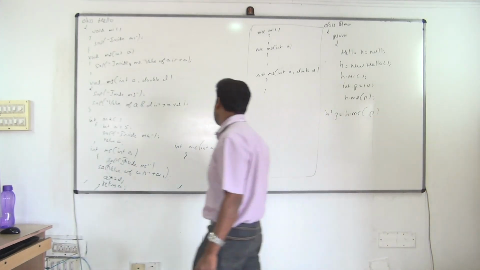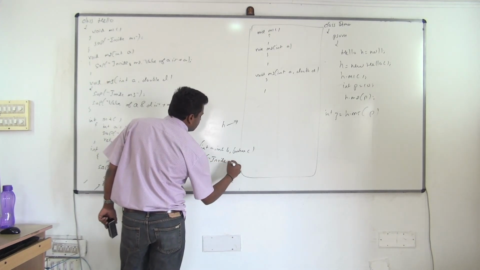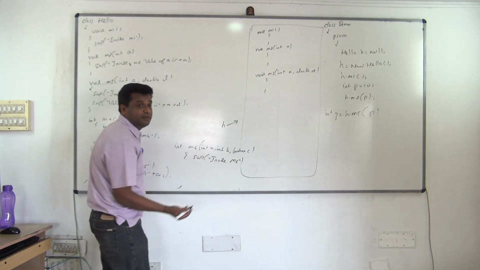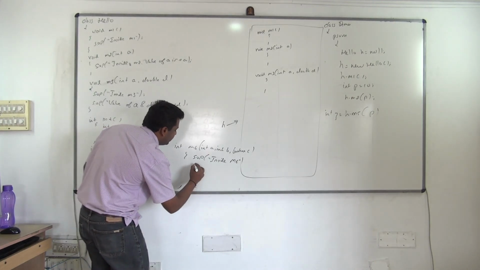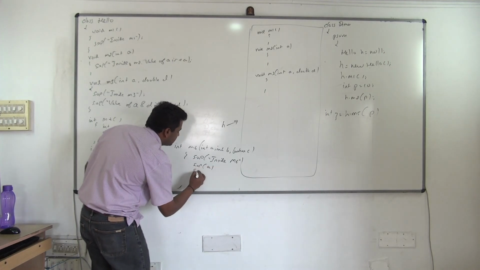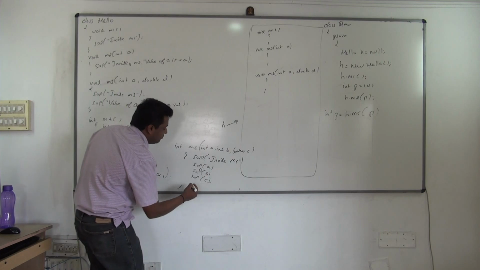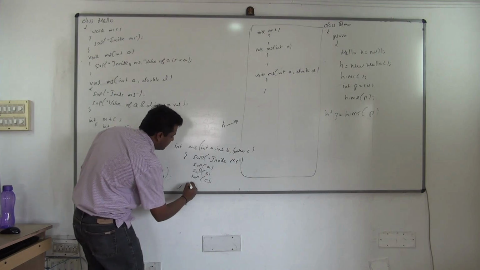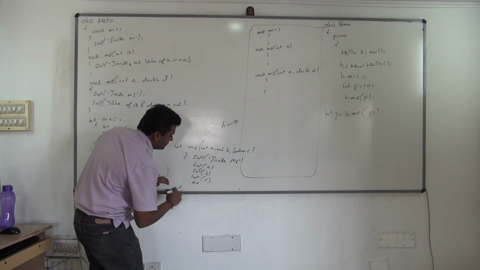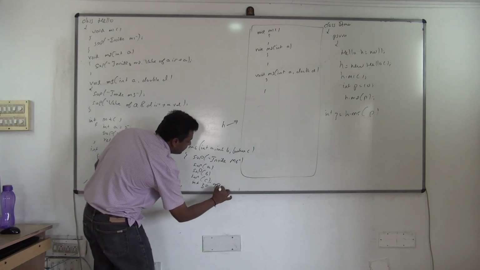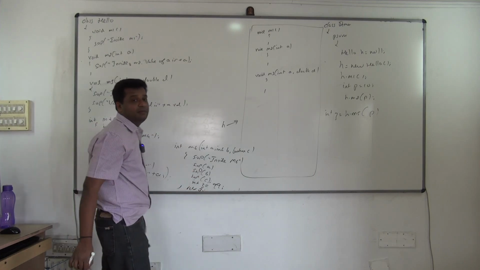So I'll write logic like this. You can print SOP inside M6. You can print the value of A, B, C, that is your wish. Finally, you have to return. I'll write something like int Z is equal to 99, return Z. So that time the return type becomes int.